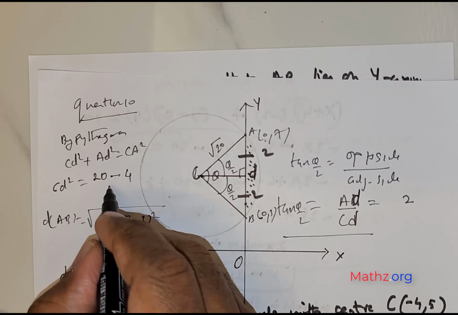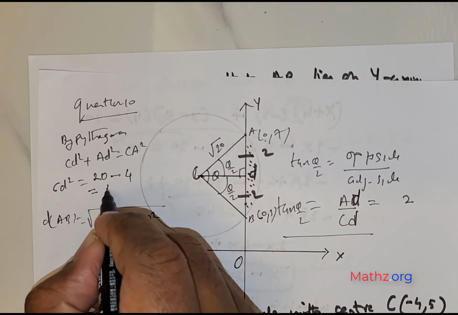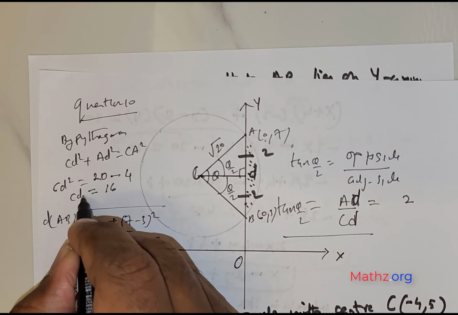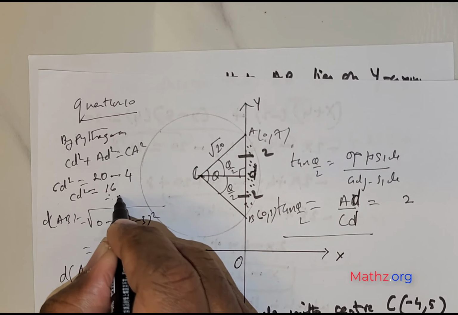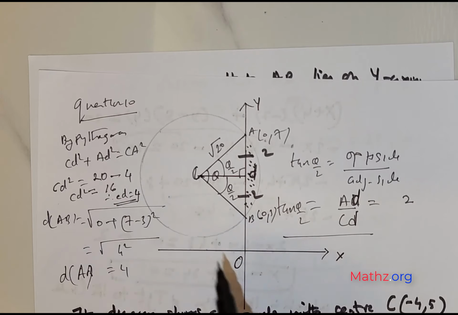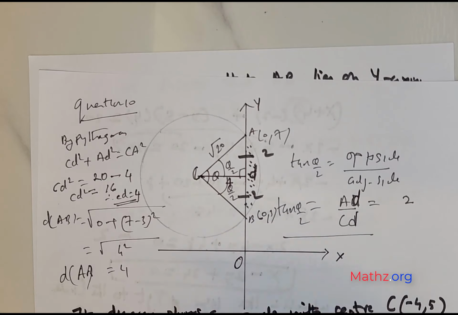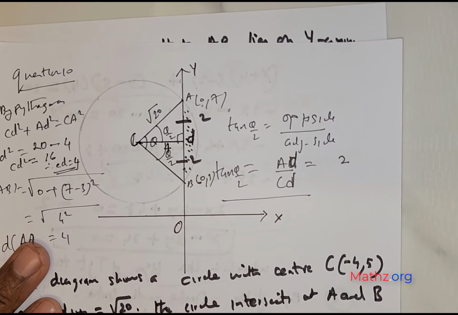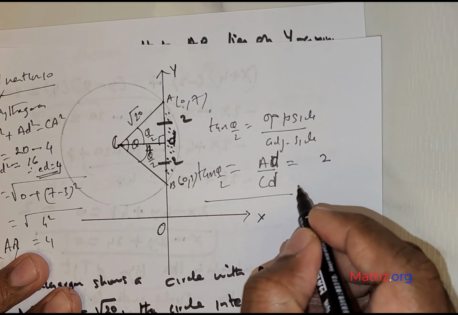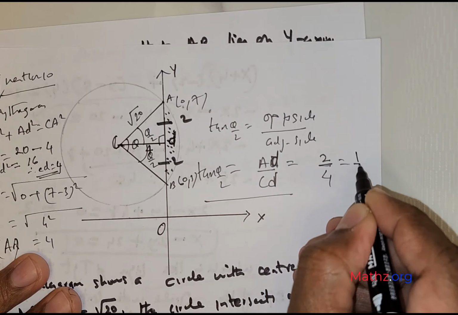So 20 negative 4 gives me 16. So CD squared is equal to 16. Therefore CD is going to give me 4 units. So this part is 4 units. So you got tan theta over 2 is equal to opposite side divided by 4, which is equal to 1 over 2.